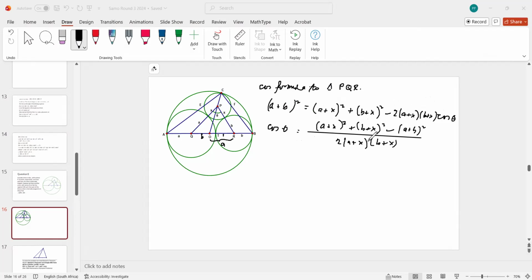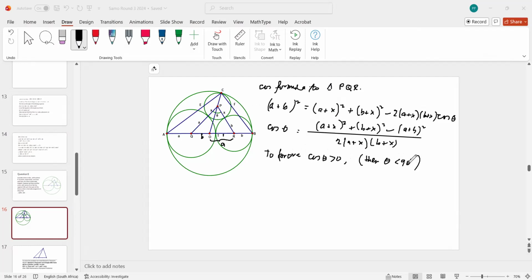Okay. Now, the denominator is positive because all these A, B, and X are radii of circles. So the denominator is positive. And so we want the numerator to be positive to prove cos theta is positive, and then theta will be acute.